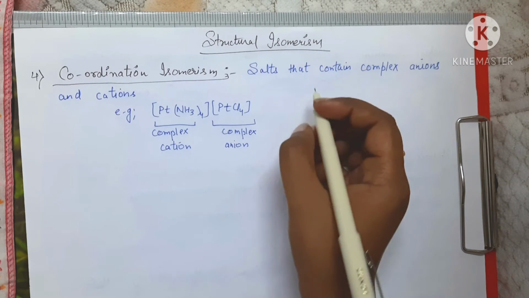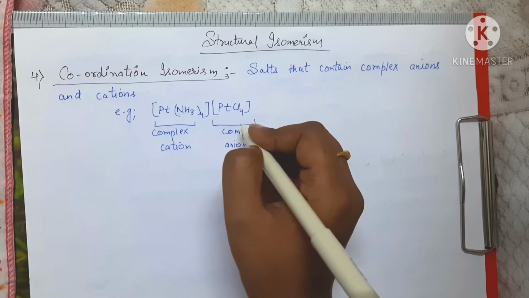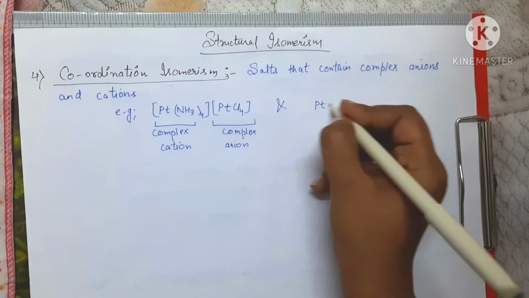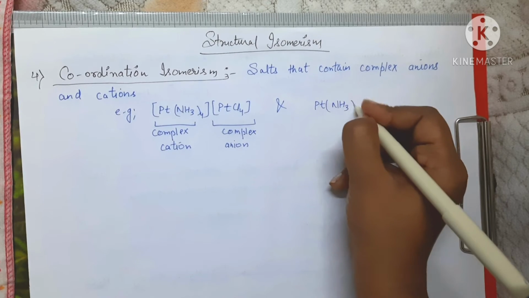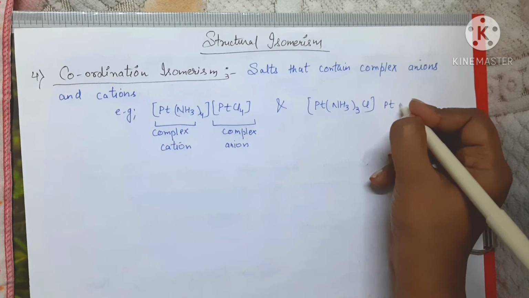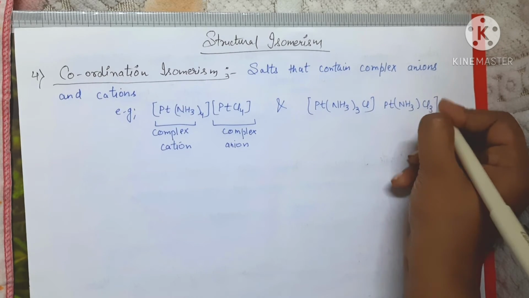So for example, this is one coordination isomer, and the other one could be Pt(NH3)Cl3 and its counterpart.